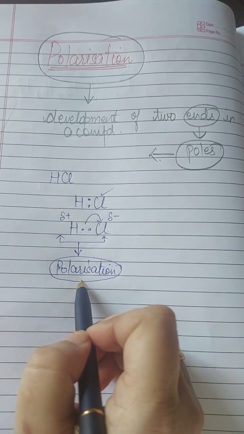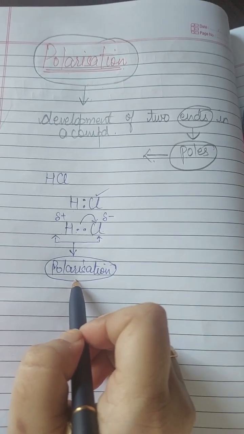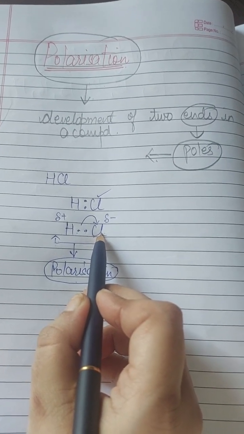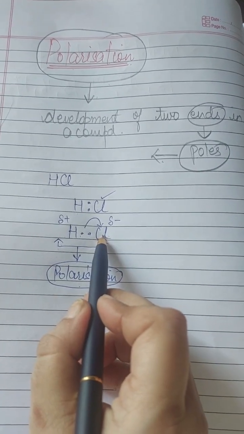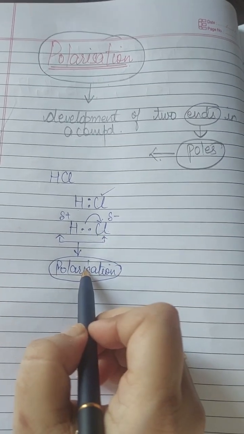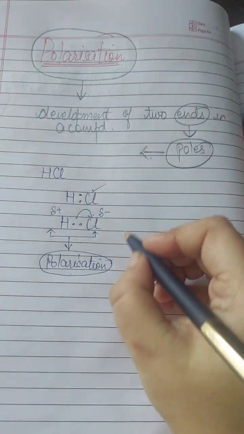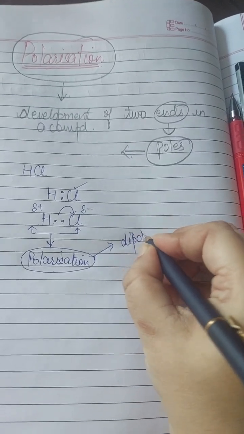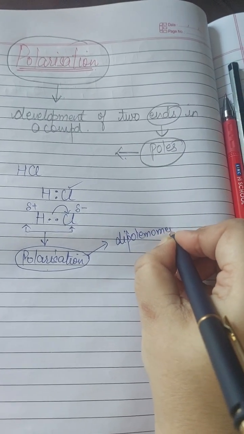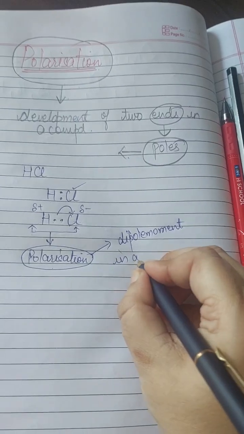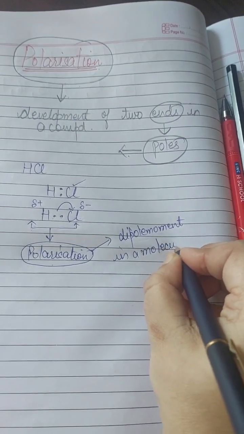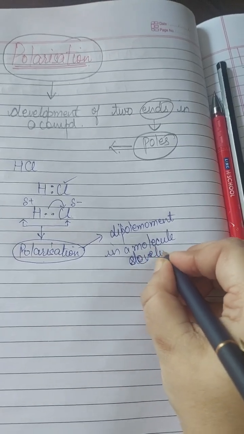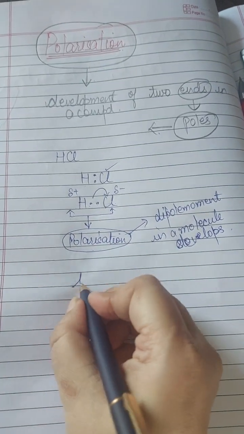It is called polarization. When the positive and negative part of a molecule separates itself for some distance, that is called polarization. That means during polarization, dipole moment in a molecule develops. Now, what is dipole moment?